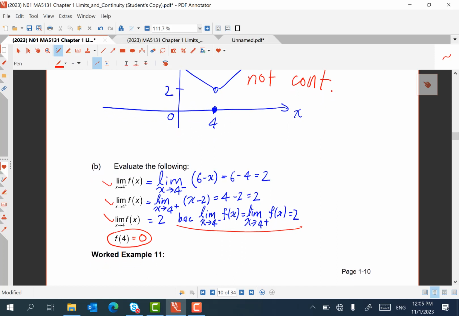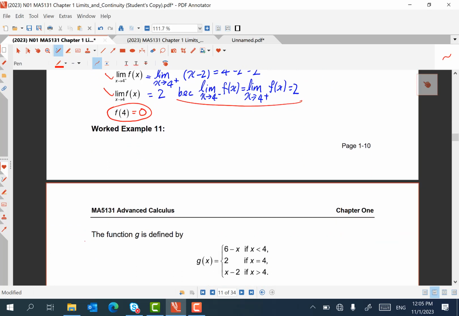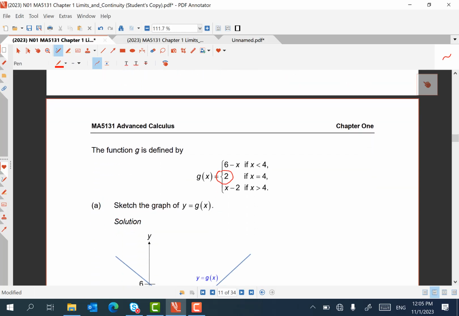And that brings us to example 11. Very quickly you realize that example 11 and example 10 are identical, apart from the value of the function at x equals 4. So if you were to draw the graph of g(x), the graph looks like this.